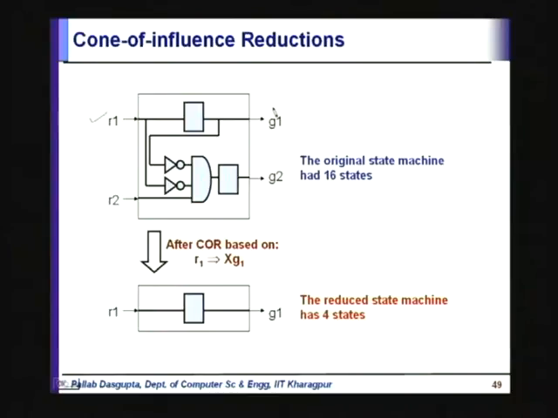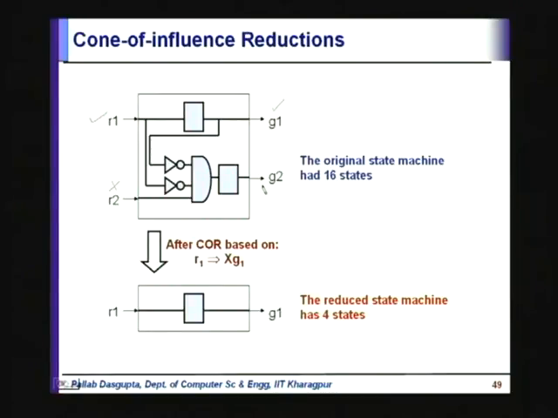Yes. So, G1 stays. Can R2 affect this property? No, because R2 in no way can influence the value of G1. R2 cannot influence the value of G1, R2 cannot influence the value of R1. So, R2 is not in the cone of influence of this property.